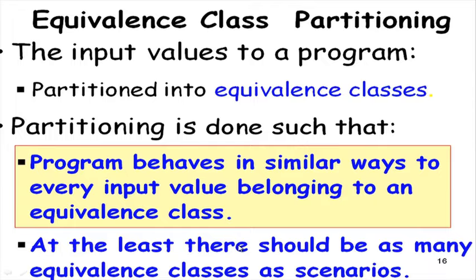So, if you are doing scenario based testing, which is very simple, we just execute each scenario of the software. Let us say for the book return example, the scenarios can be that the book was returned successfully.